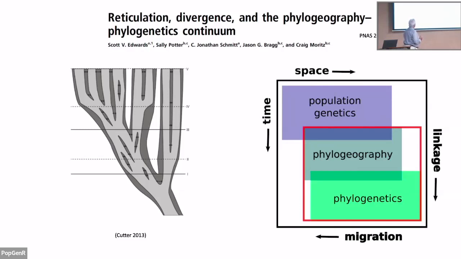So phylogeography is really intraspecific lineages primarily, and phylogenetics, of course, goes from lineages, species, up to whole clades, macroevolution type questions.